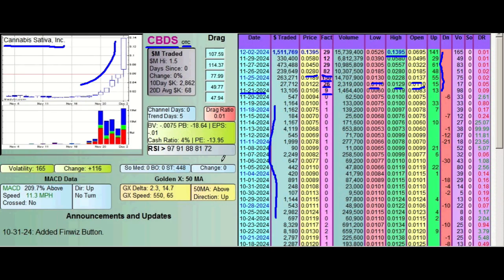But again, here's an interesting thing. This is the last 5 days of RSI. She started out at 72 5 days ago here on 11/25. RSI went to 81, 88, and even at 88 she goes to 91.